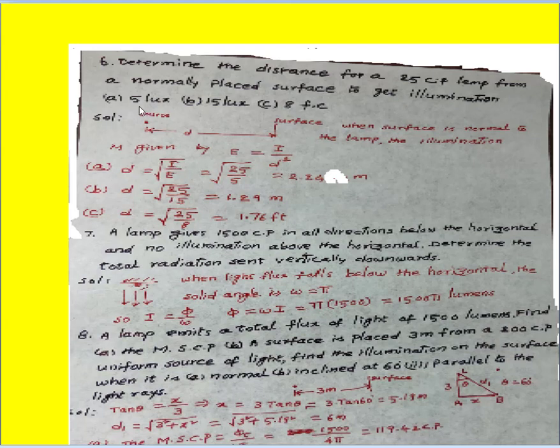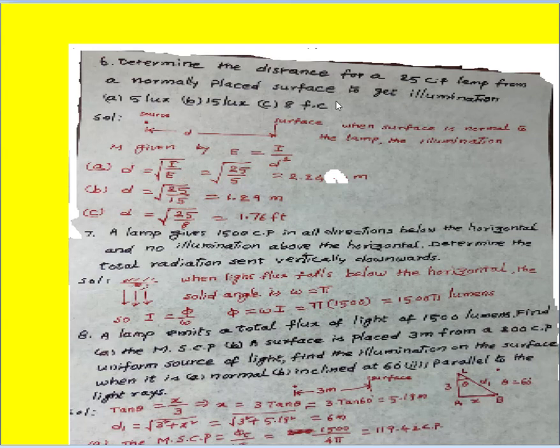So d is nothing but root of I divided by E. This comes from the formula d square is equal to I by E, so d is equal to root of I by E. That is what we are using here.